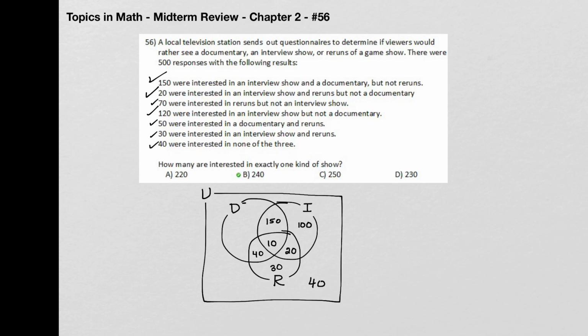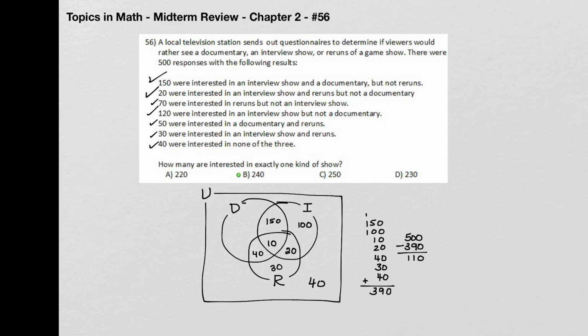However, this is the trick. This happens in a lot of these problems. There's one more piece of information right here. There are 500 responses. So what I'm going to have to do now is add up the numbers that I already know, and whatever's left over, that's got to be documentary only. I took all of the values, 150, 100, 40, 10, 20, 30, and 40.